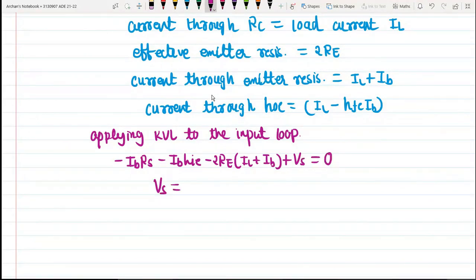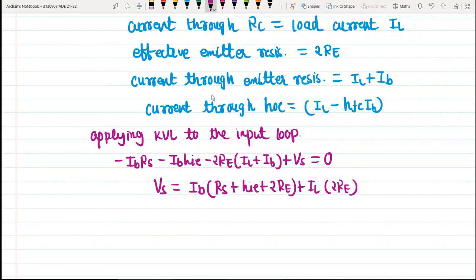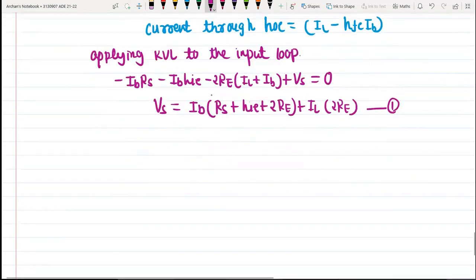So Vs will be equal to IB. Let us take IB common out of the first 3 terms. So we will have (RS plus HIE plus 2 times RE) plus IL times 2 times RE. So this is our first equation, let us say equation number 1.